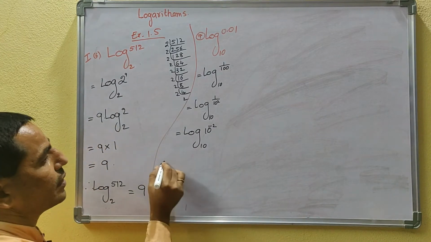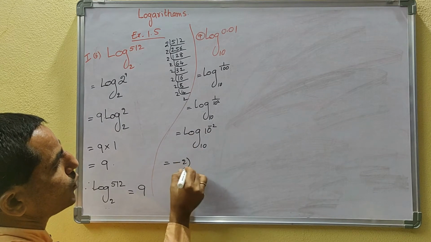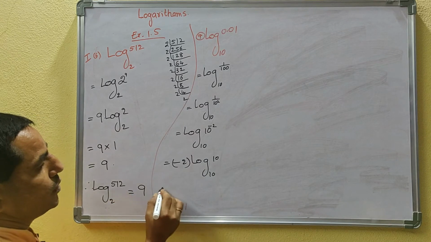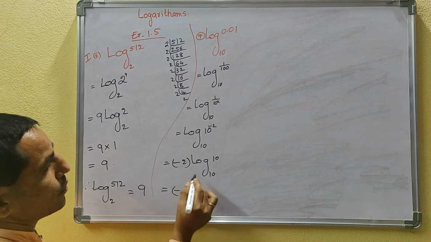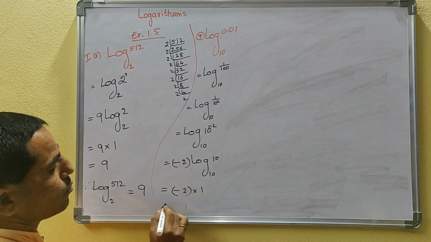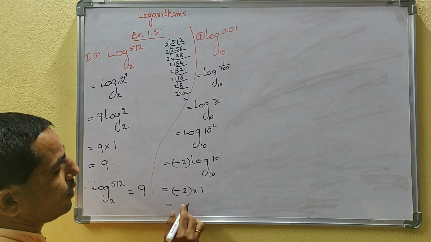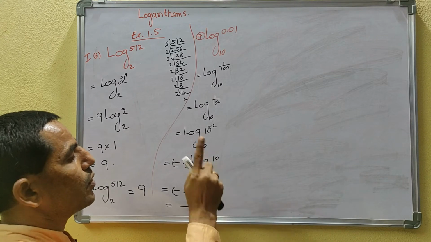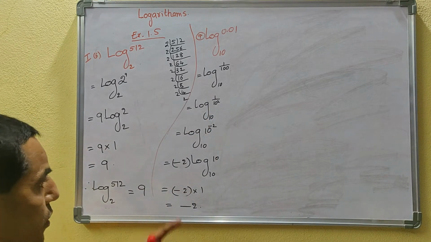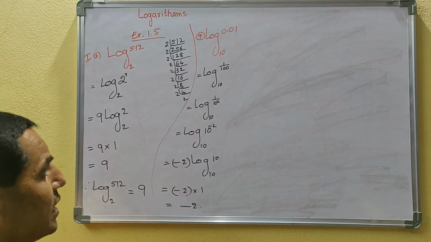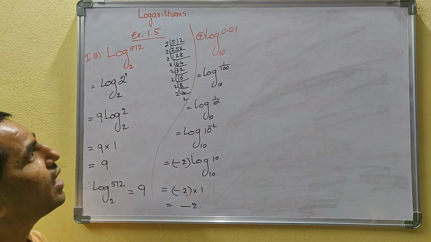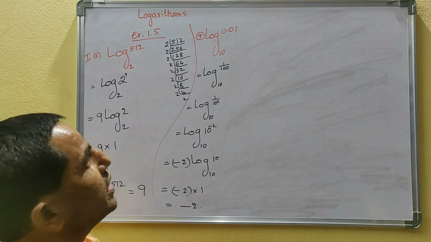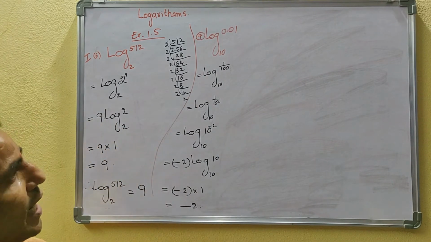So again it can be written as minus 2 into log 10 base 10, and log 10 base 10 has value 1. So minus 2 into 1, answer minus 2. Log 10 base 10 is equal to 1, as I already told you. So I will repeat: log 0.01 base 10 is equal to, first of all, 0.01 can be written as 1 by 100.